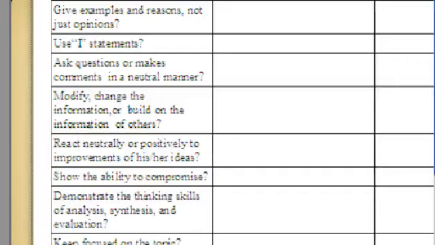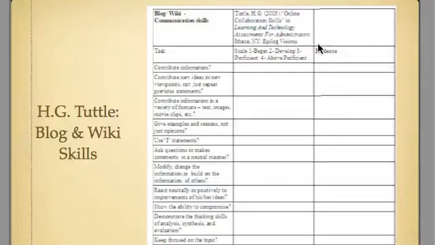Questions such as: asks questions or makes comments in a neutral manner, reacts neutrally or positively to improvements of his or her ideas, shows the ability to compromise, demonstrates the thinking skills of analysis, synthesis, and evaluation. By including questions that are focused on skill and content, the assessment remains centered on learning and not on peripheral elements.